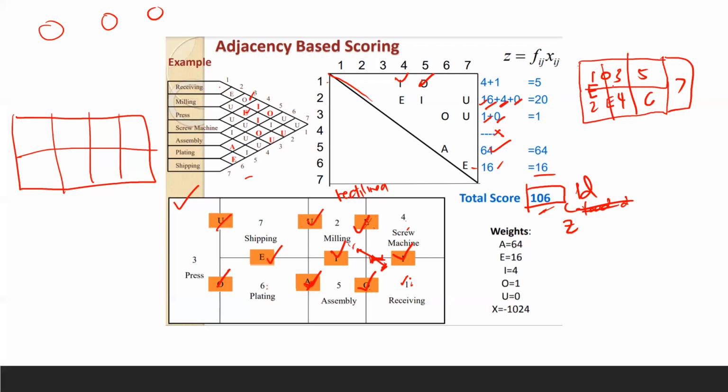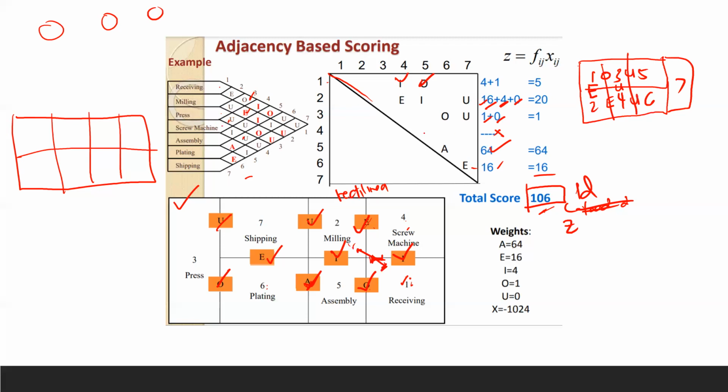So, ito. Tapos, 3 to 4. Ito yung 3. To 4 is U. Okay, and then 3 to 5. 3 to 5 is U. And then 4 to 6. Asan yung 4? 4 to 6 is U din.